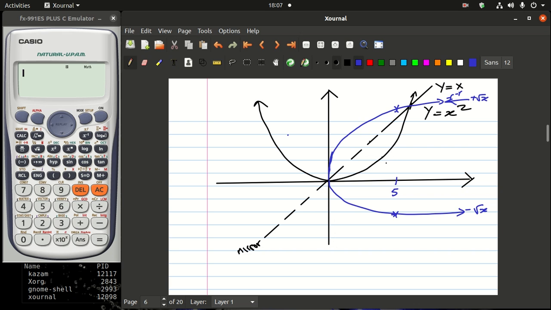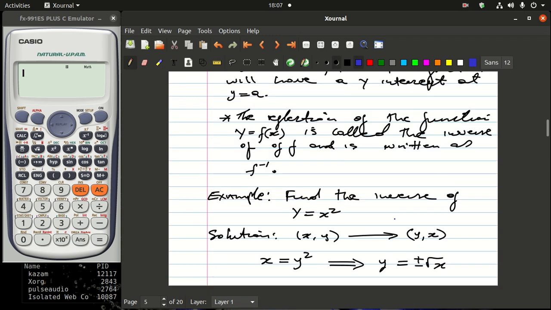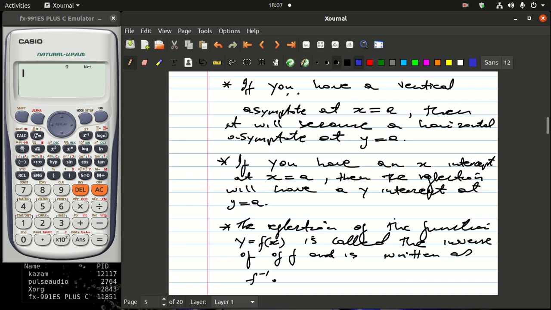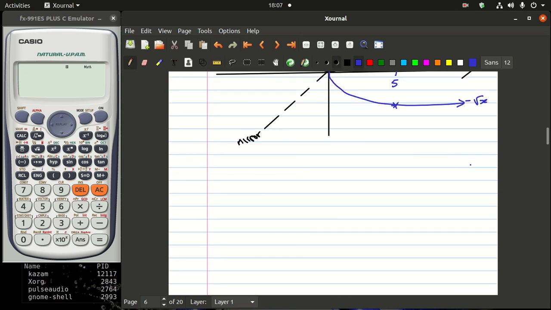And also it's going to have that output here, which is minus square root of 5. Hence this is not a function because it has two outputs, or the vertical line test fails to prove that it is a function. So this is an inverse, and this is how you actually find the inverse or the reflection of the given function by the line y is equal to x.